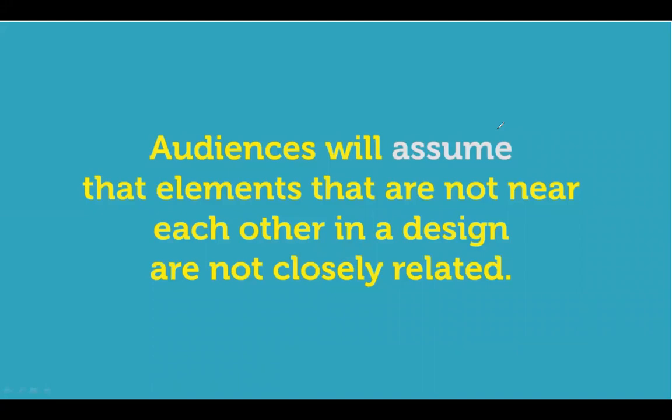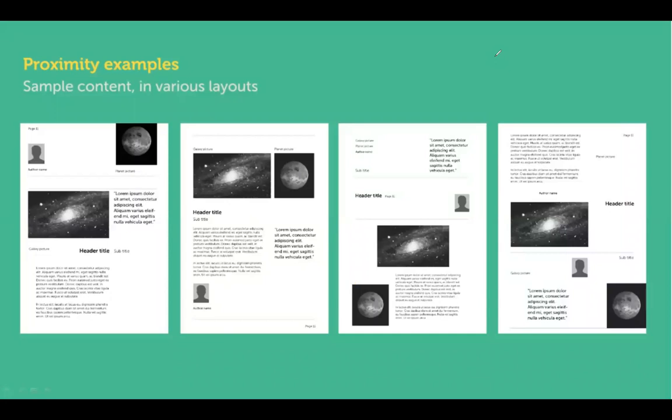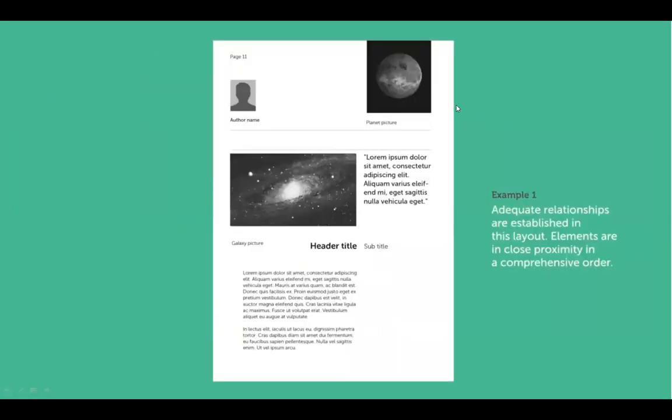So as we continue, we are having some proximity examples here. You can see sample content in the various layouts. When I continue, there is this particular one. It is example one, and we are saying adequate relationships are established in this layout. Elements are in close proximity in a comprehensive order. You realize that there is a picture here of a person.